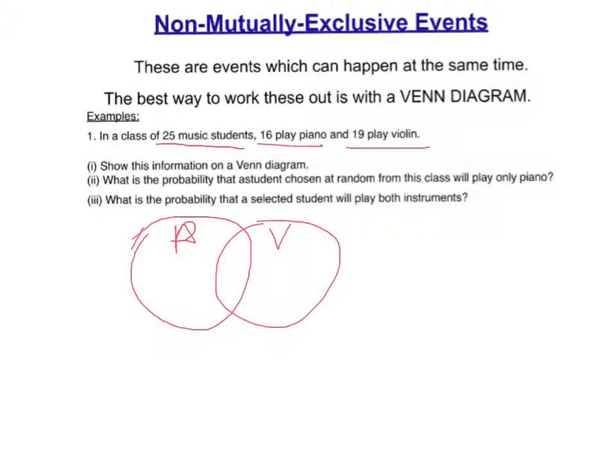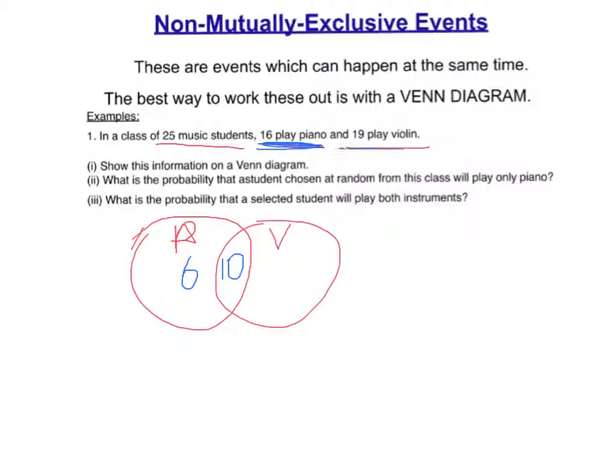So if you add together 16 and 19, you get 35, which is 10 more than the number of students in the class. So that extra 10 people is the number of students that play both piano and violin. Now, if there's 16 people who play piano and 10 of them are counted as both, that means there's 6 people, because 10 plus 6 is 16, who play just piano.